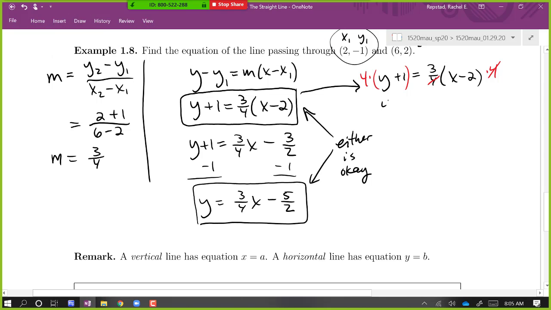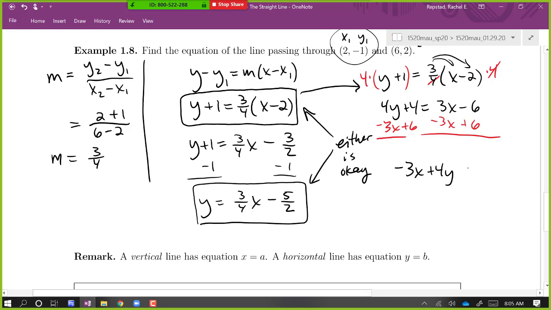Here we have 4y plus 4 equals, I'll distribute this 3, so we get 3x minus 6. And then I can just collect all terms on one side. So if I subtract 3x and add 6, we would get negative 3x plus 4y plus 10 equals 0.